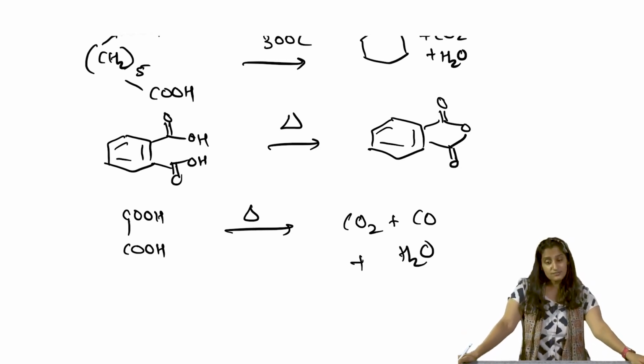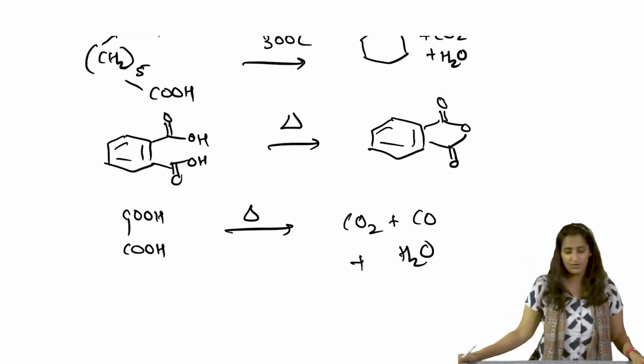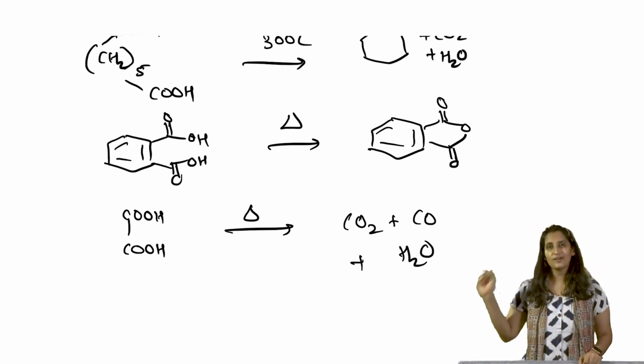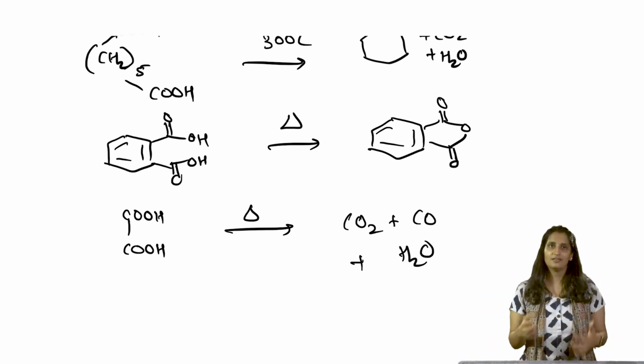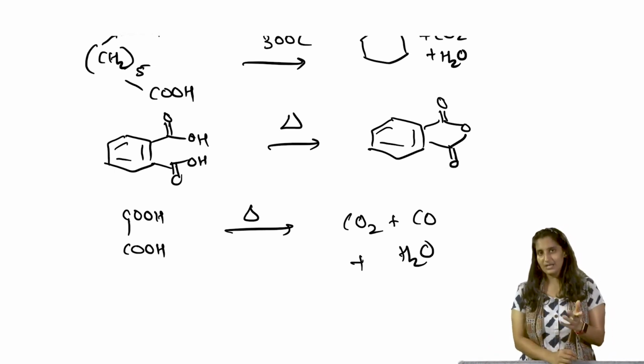One more reaction of dicarboxylic acids is the Dieckmann condensation, and we are covering it in the next few chapters. It is again a cyclization reaction. I will just put a note here that when you go over Dieckmann condensation, I think in week 7, do remember it is a name reaction.